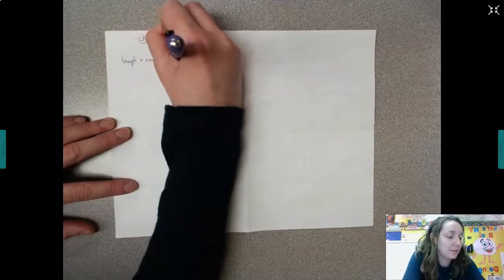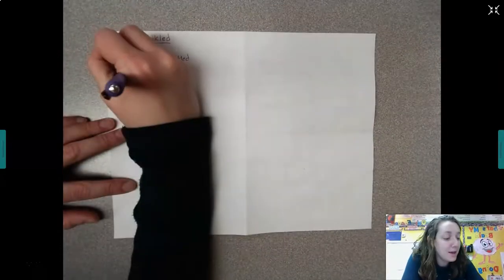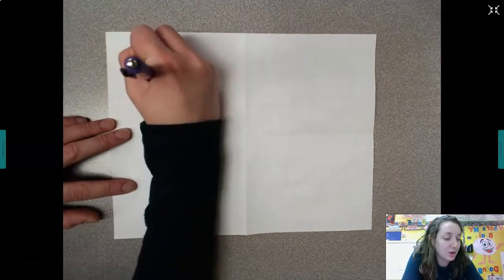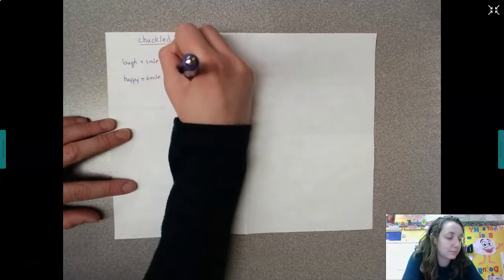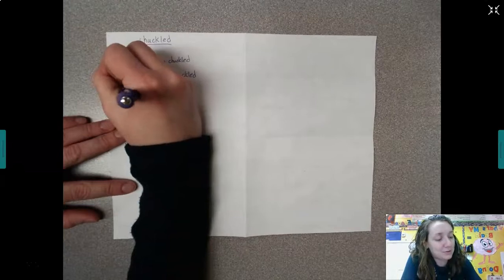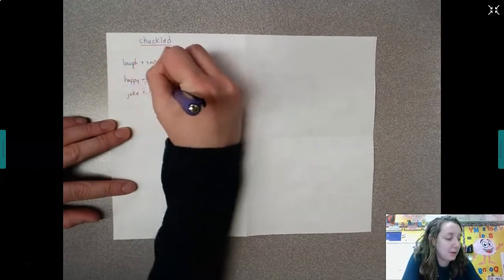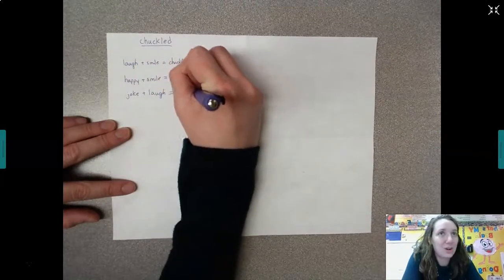So if I'm laughing, I'm smiling, I'm chuckling. If I'm happy and I'm smiling, I might chuckle. And of course, if someone tells me a joke and I laugh, I would be chuckling. Unless they made me belly laugh. Chuckled.